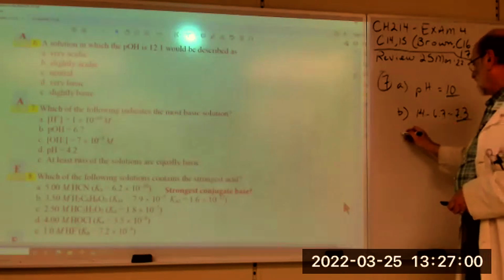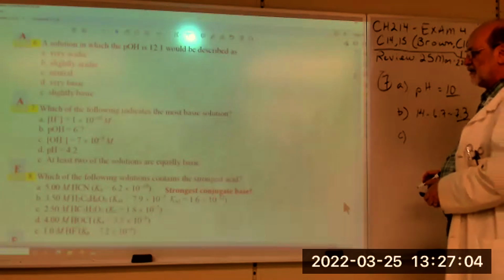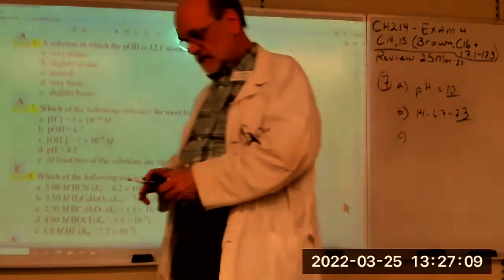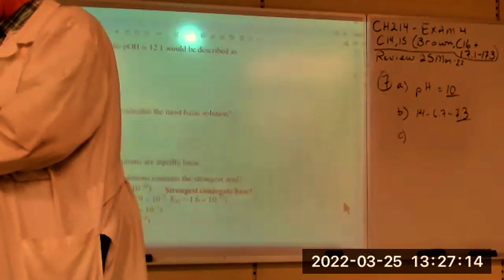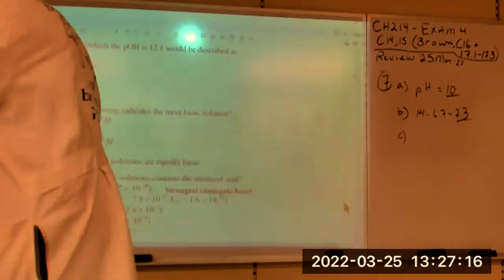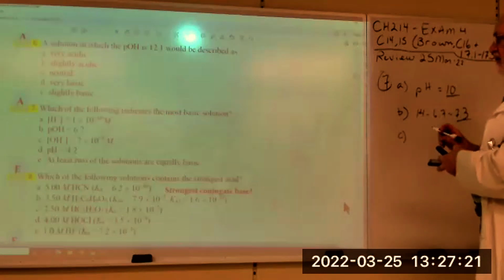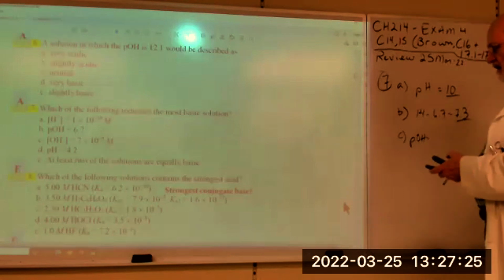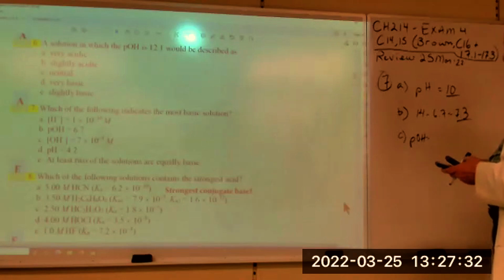Okay. How about C? The concentration is 7 times 10 to the minus 5th. So that's going to take a little more doing. Where's my calculator? Here it is. So pOH would be 7 exponent minus 5, and then take the log of that, change the sign.